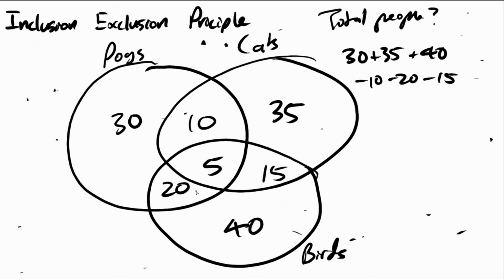But as you do that, you have to add the intersection of all 3, which is the people who like dogs, cats, and birds. So you add 5, and this will give you the total people. I just made this up, hopefully it works. So it's 105 minus 45 plus 5. I think 65. I hope I didn't make any calculation errors.